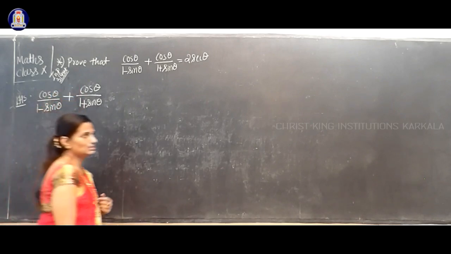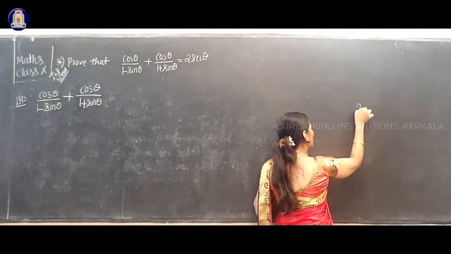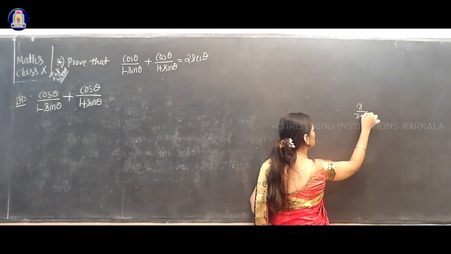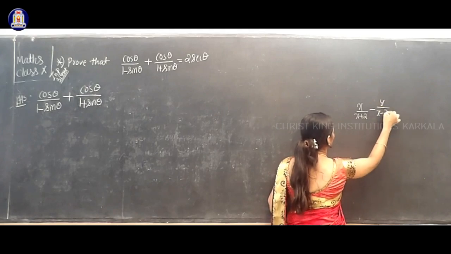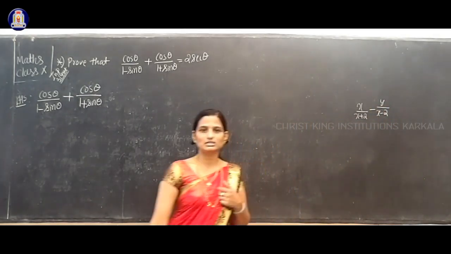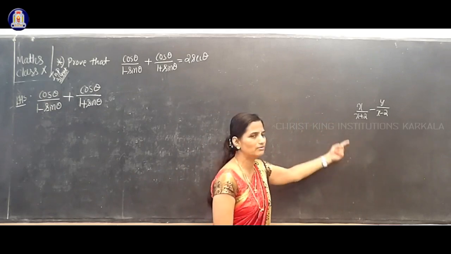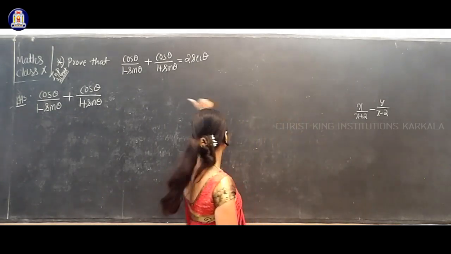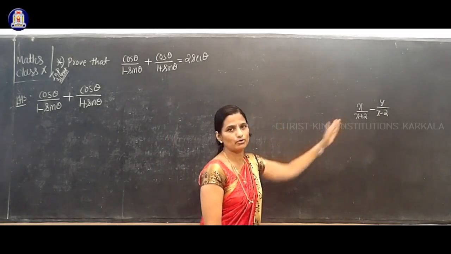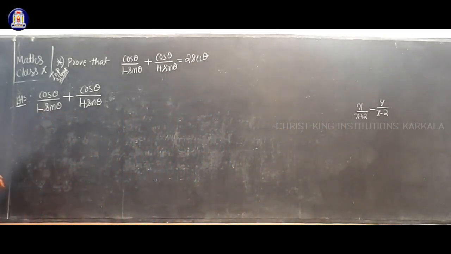If your question is in the form of x divided by (x plus 2) minus or plus y divided by (x minus 2), how are we simplifying this? By taking LCM. You are familiar with that type of question, right? Compare this given problem with that type of question. So which method can we use here? By taking LCM.